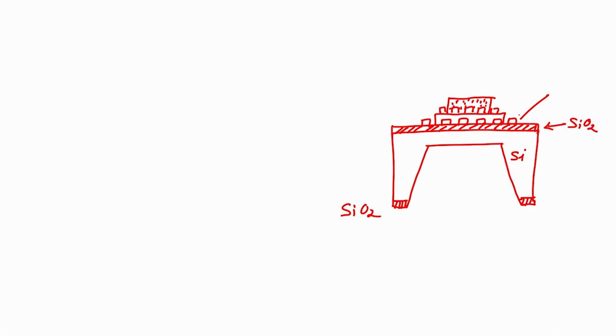You got it? This is my nichrome heater. This is the metal oxide semiconductor sensing layer.